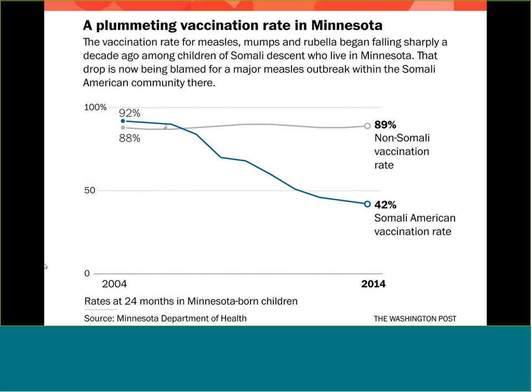But subsequently, the rate dropped off. There was a concern in that community about the measles, mumps, and rubella vaccine. Individuals took advantage of that concern, and the vaccination rate dropped significantly. So in 2014, it was only 42% in the Somali Minnesotan group, and then you can see the large outbreak that we're having now due to that.